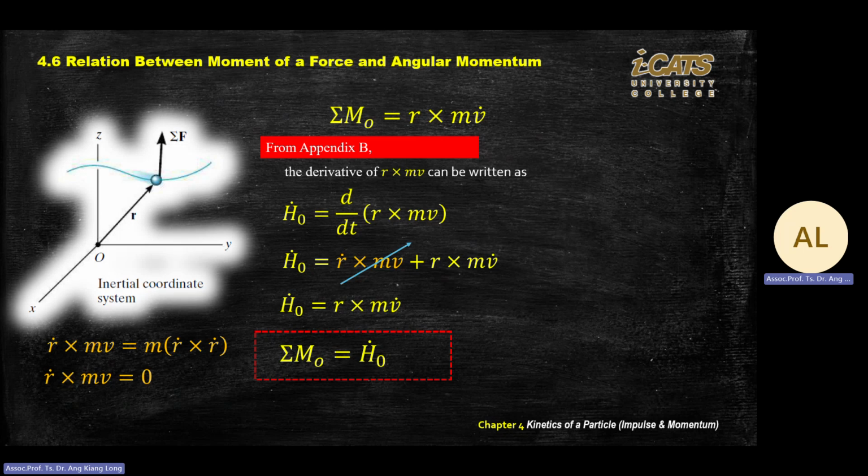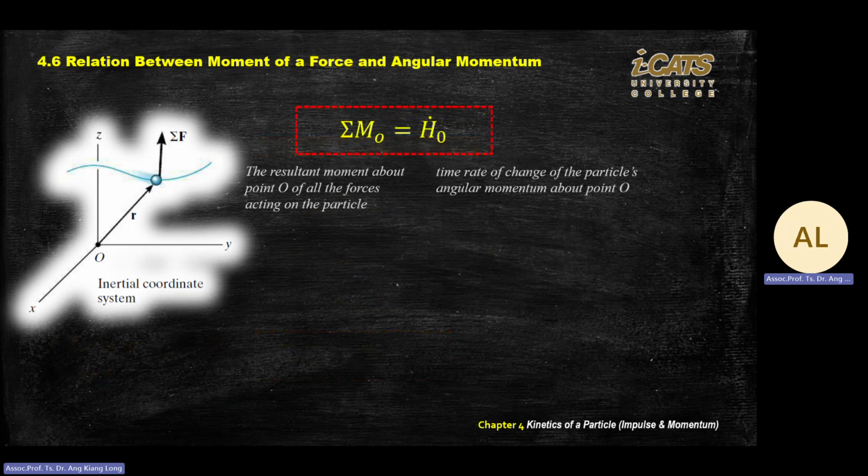you do this conversion. Okay, I will show you how to do it. So on the left hand side is the resultant moment by the forces, the effect of forces on the point O. On the right hand side is the rate of change in time of your angular momentum.